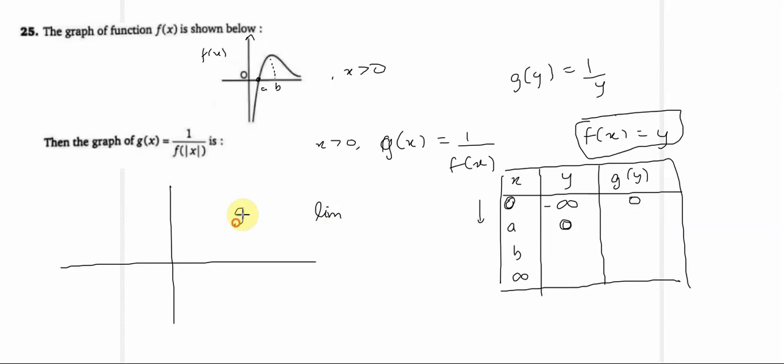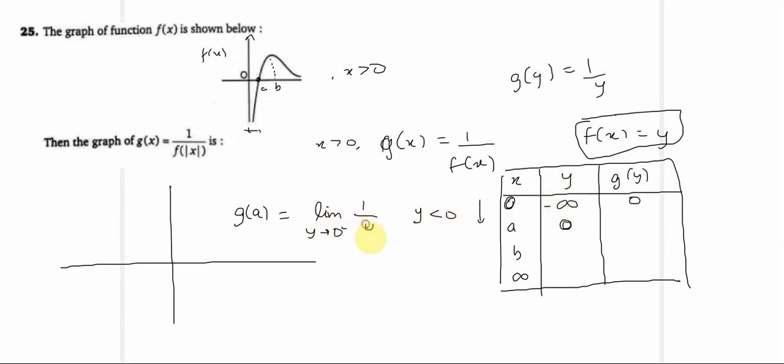G of a will be the limit as y tends to 0. Which direction is it coming from, positive or negative? Y is coming from the negative side, right? Because in this whole area, y is less than 0. From 0 to a, y is less than 0. So at a, y is approaching 0 from the negative direction.